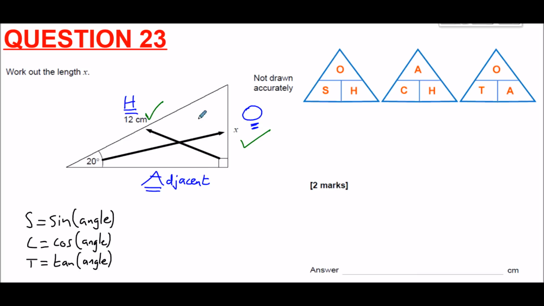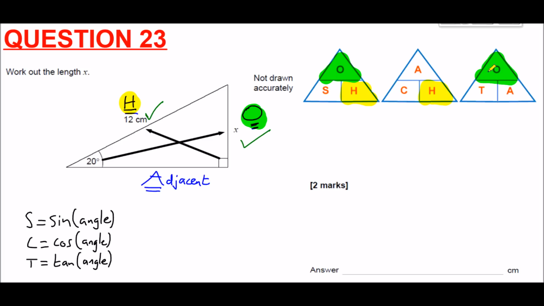All we care about is H and O, because we know H and we want to know the O. So if we just highlight H for hypotenuse and see what triangles H is mentioned in. So H is in the sin and cos triangles, but not in the tan one. And whereabouts is O mentioned? Well, O's in the sin triangle. It's not in this one.